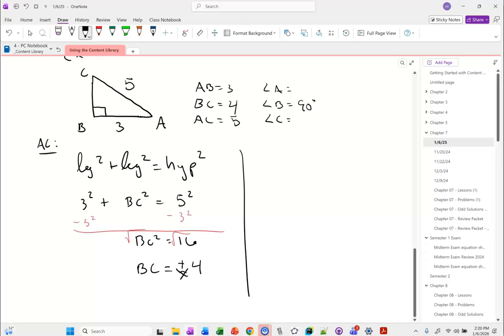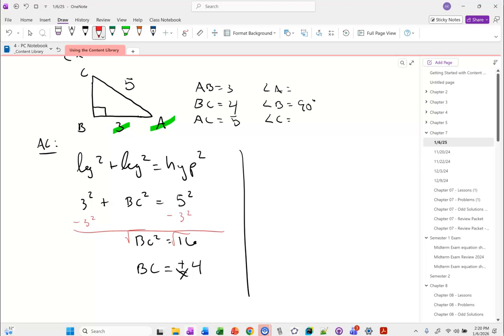All right. Next up, let's find either angle A or C. Does it matter which one I find next? Nope. Let's say we picked angle A because it comes first in the alphabet. Relative to angle A, the two sides that I know are AB, which is the 3. Is that opposite, adjacent, or hypotenuse?